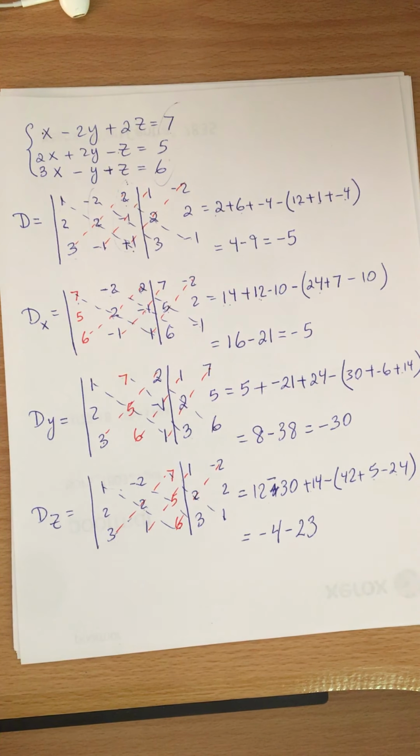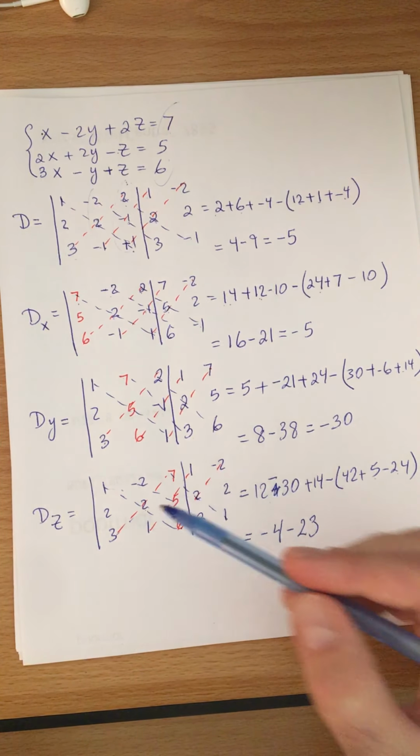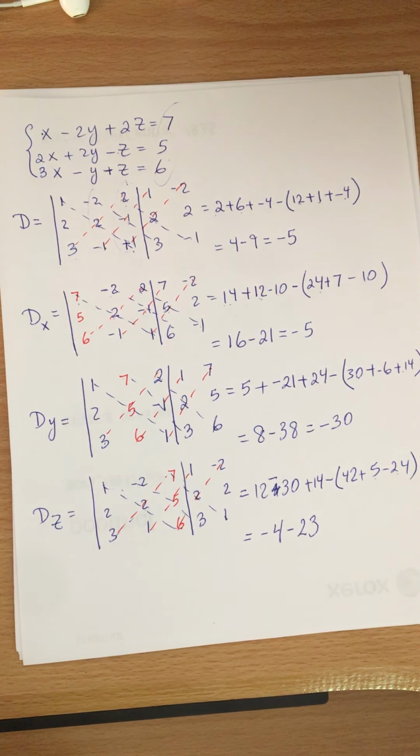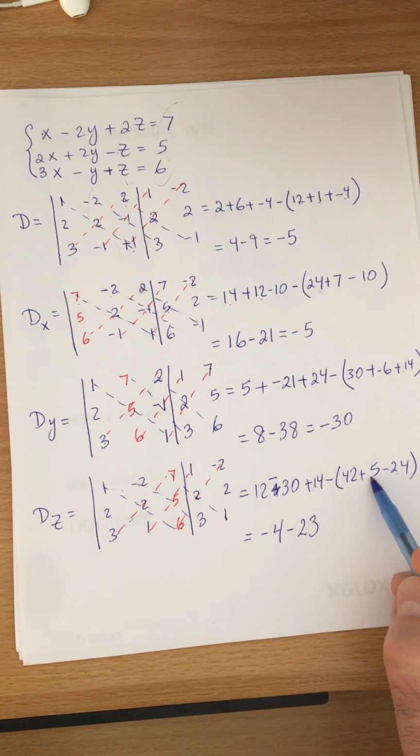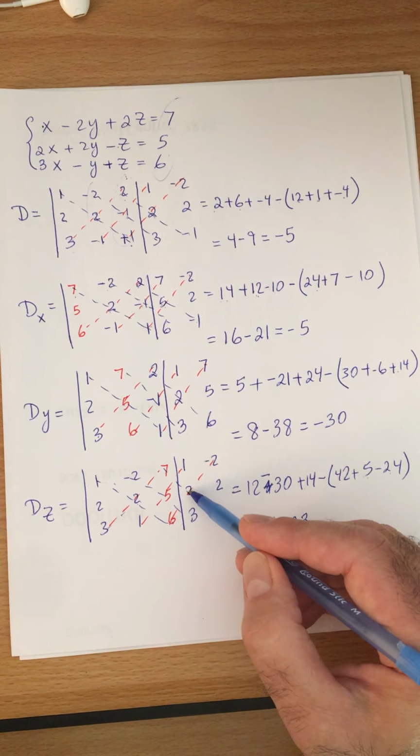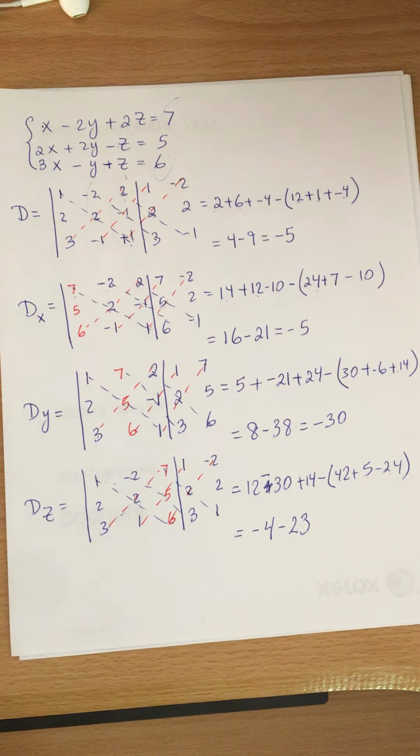Okay, so 12 plus 14, 26 minus 30, that gives you negative 4. So that part is correct. 6 times 7 is 42, plus 5, minus 24, so 42 plus 5 minus 24, that's 23.